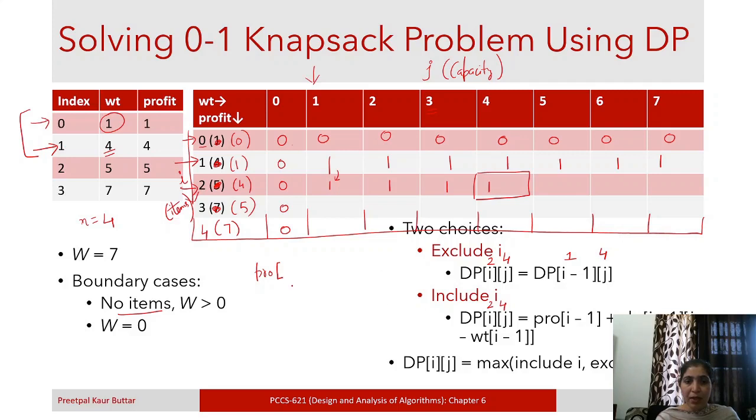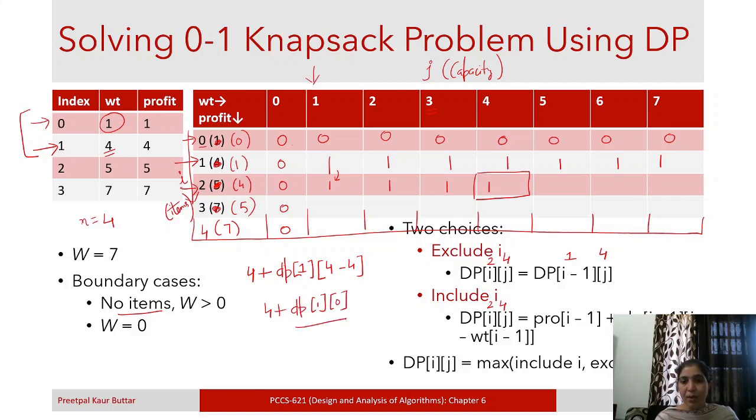Okay, so the profit you are earning is 4 plus, now what is left in your knapsack? dp[i-1], i is 2, so i-1 is 1, and in the knapsack the total capacity was 4 because we are at column 4, and after picking this item its weight is also 4. So in the knapsack what is left? In the knapsack nothing is left.